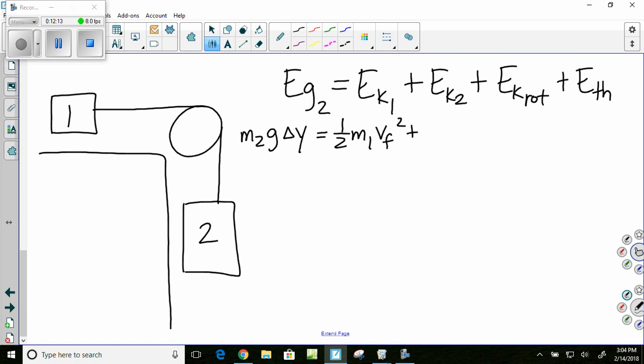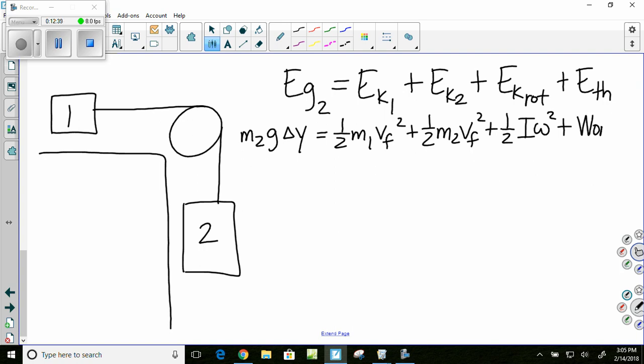This is 1/2 I omega squared for the pulley, and this is the thermal energy that comes from the work done against friction. So to calculate that, we are going to say work by friction, and then we'll figure it out in the next step.